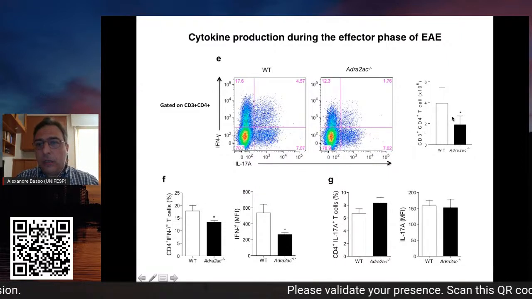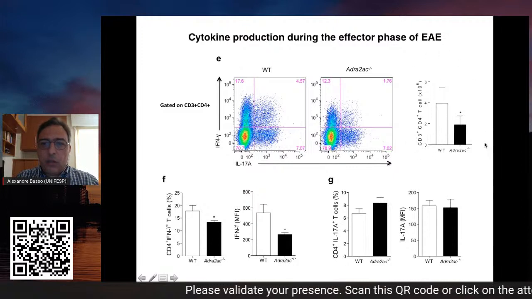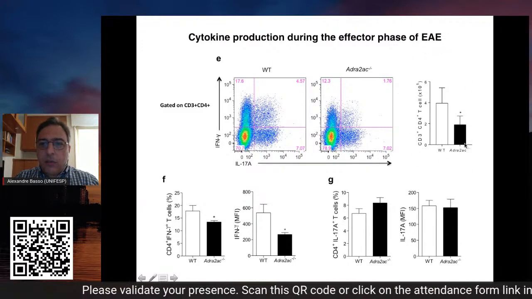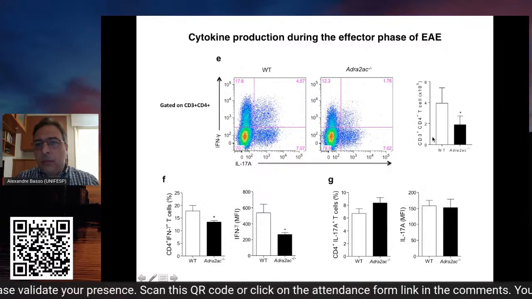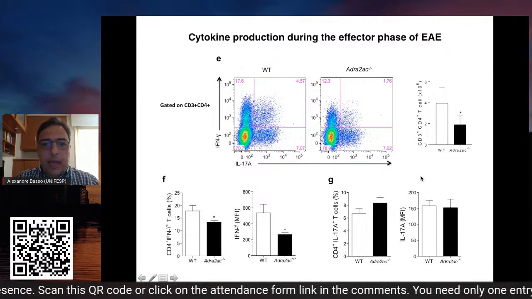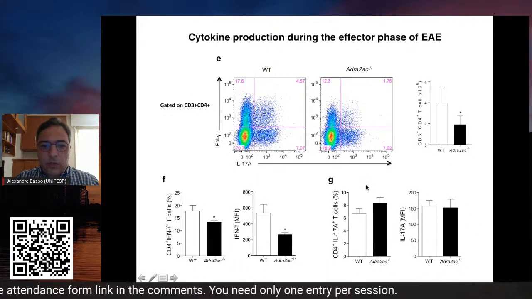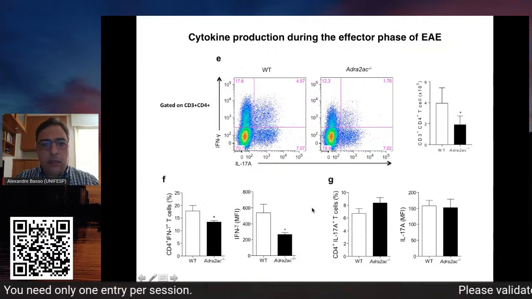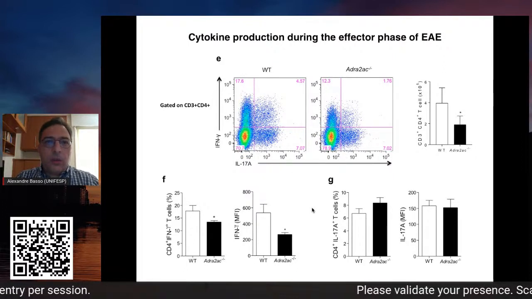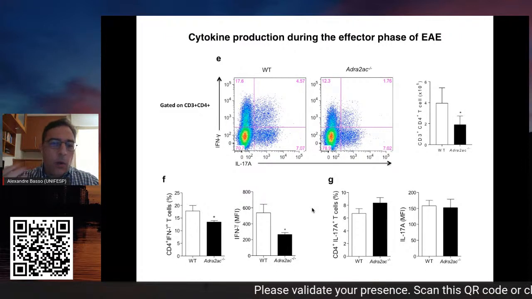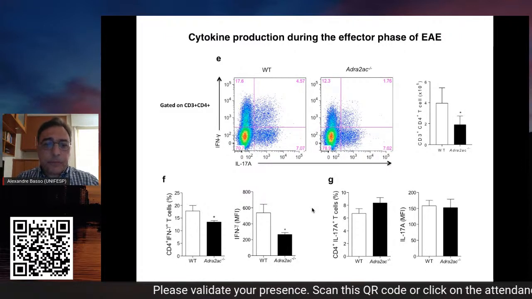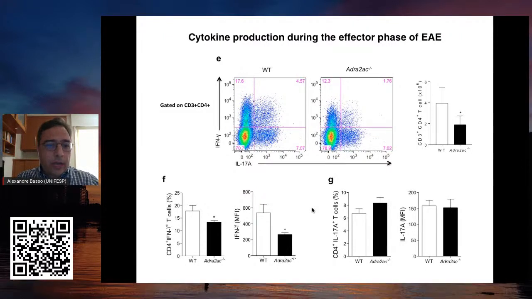And the total number of CD4 T cells infiltrating the CNS is also reduced in the animals with the hyperactive sympathetic nervous system. And we didn't find much of a difference in the frequency or in the expression of IL-17 in CD4 T cells. So the bottom line here is that along with less severe EAE, the animals also have a less inflamed CNS at the peak of the disease.